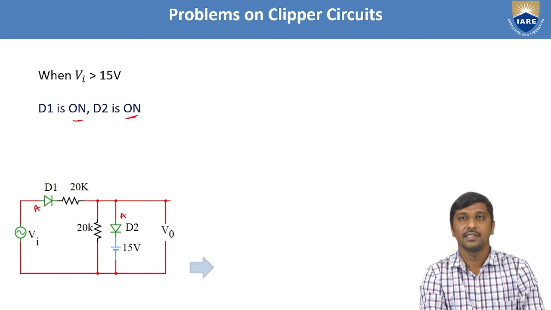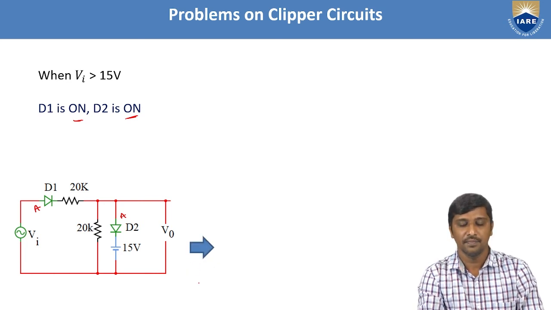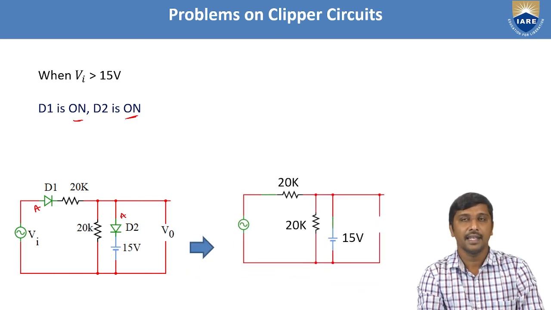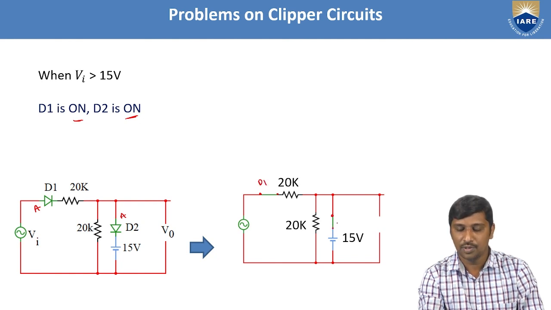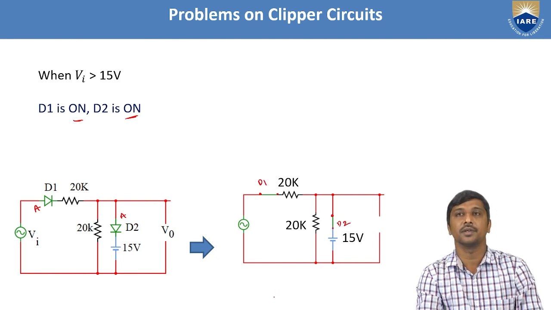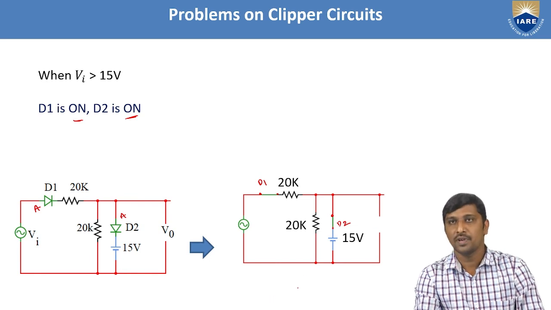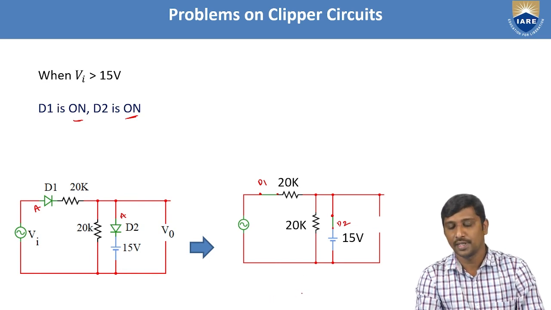Now we need to redraw the equivalent circuit under this condition. Again I assume that both the diodes are ideal. Hence, D1 is represented as a short circuit, and D2 is also represented as a short circuit. At this point, we are going to calculate the output voltage.